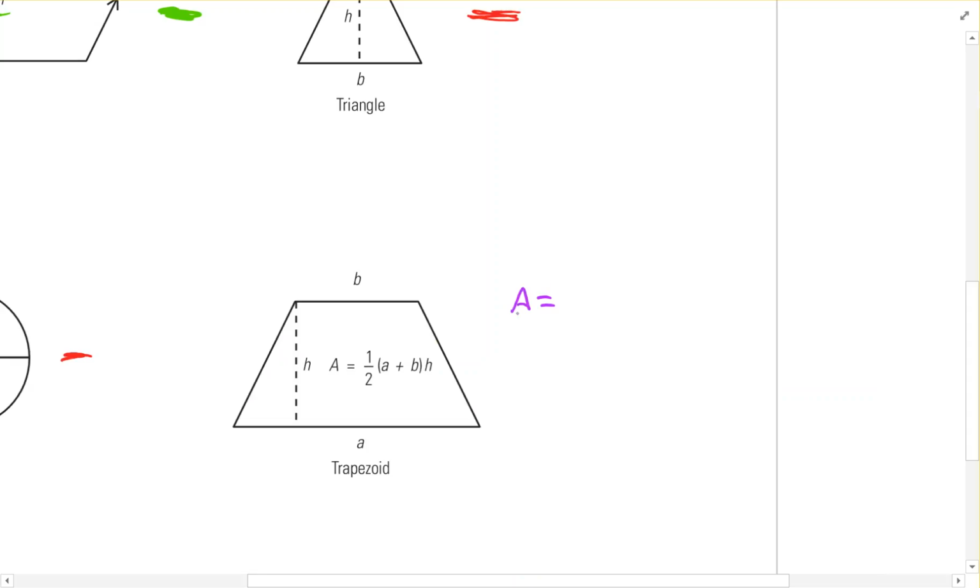So the area is equal to, instead of 1 over 2, you could write that as 0.5, times whatever your A value is, the bottom, plus whatever your B value is, the top, and then multiplied by the height.